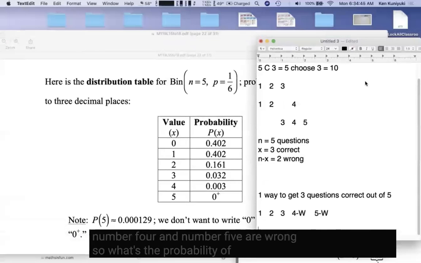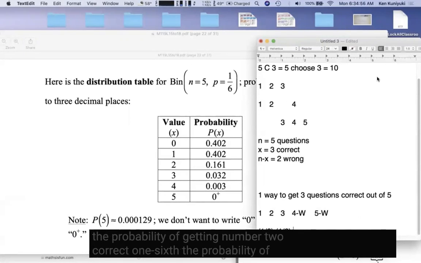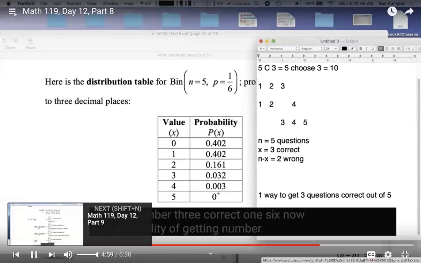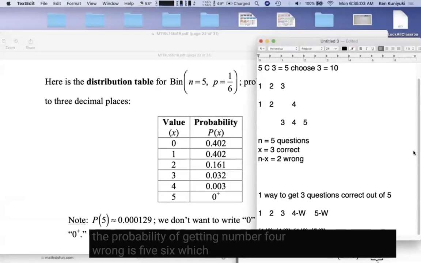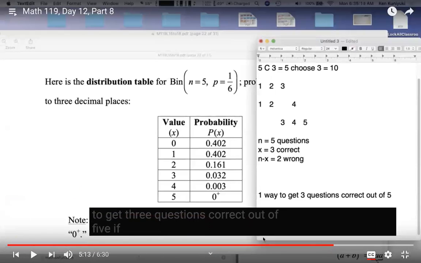So what's the probability of getting number 1 correct by random guessing? 1 out of 6, which is the value of P. The probability of getting number 2 correct, 1/6. The probability of getting number 3 correct, 1/6. Now the probability of getting number 4 wrong is 5/6, which is Q. And the probability of getting number 5 wrong is 5/6, which is Q. So that's one way to get 3 questions correct out of 5.